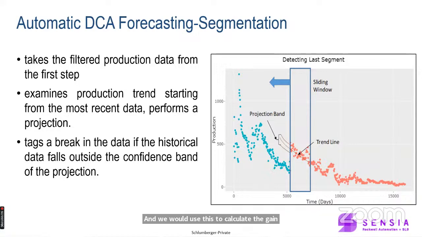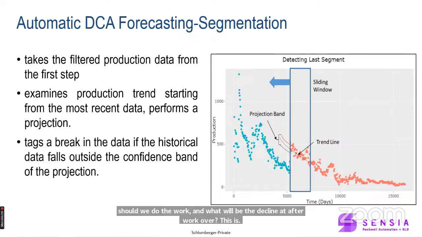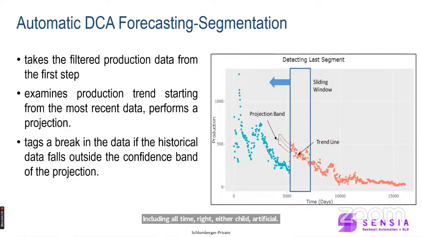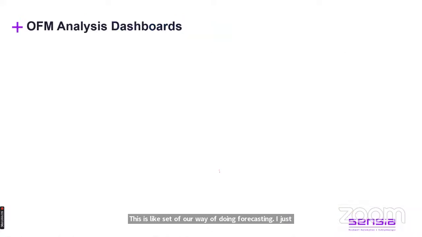How can we estimate when we should do the workover and what the decline will be after the workover? This includes all types of wells, either with artificial lift or without artificial lift, right? And this is a state-of-the-art way of doing forecasting, and it is part of our workflow.